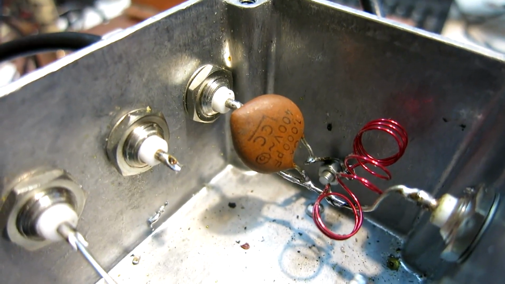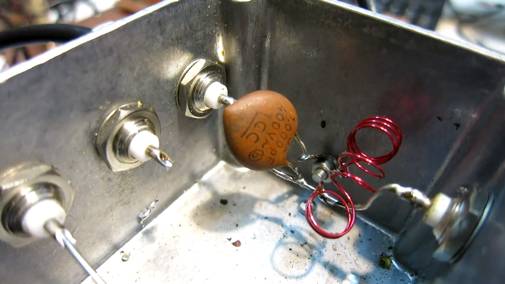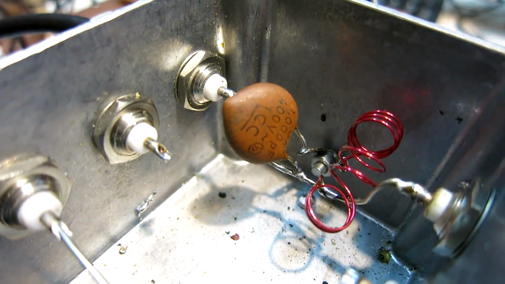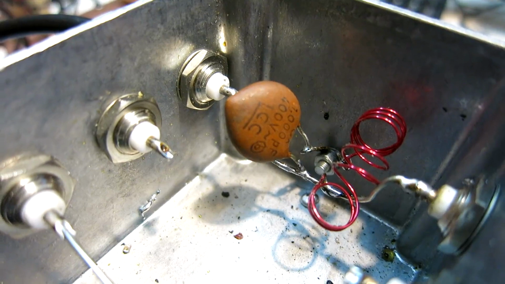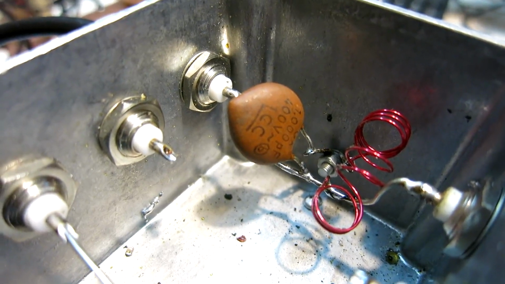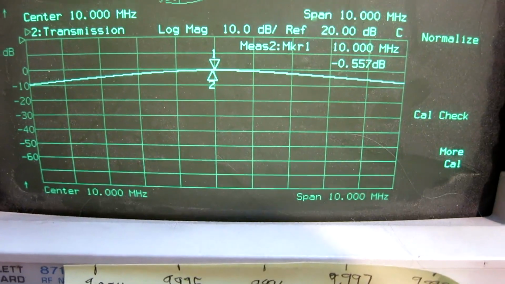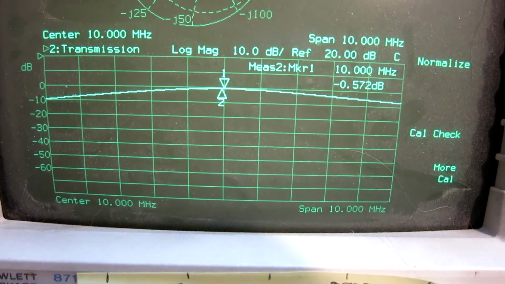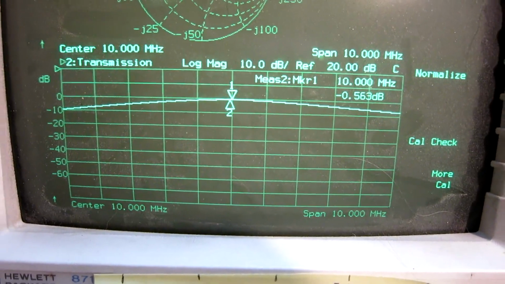Here is a ceramic disc capacitor rated 400 volts. It's an old one from some surplus that I have found. It looks like this, a little bit more lossy than the plastic foil, but it's still reasonably good.